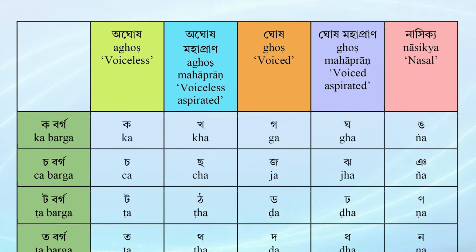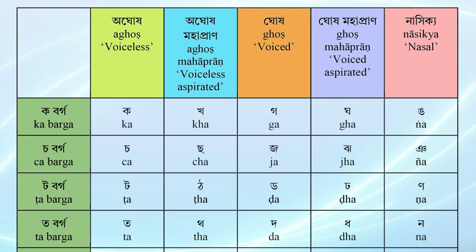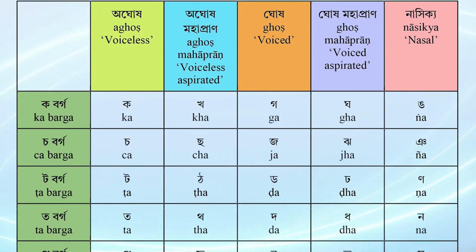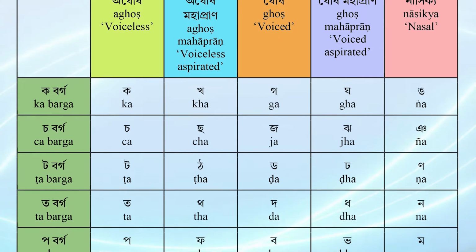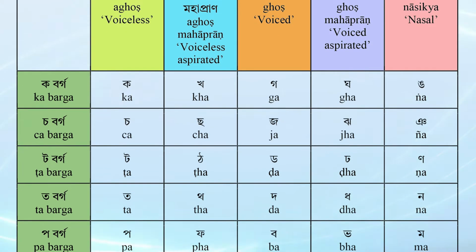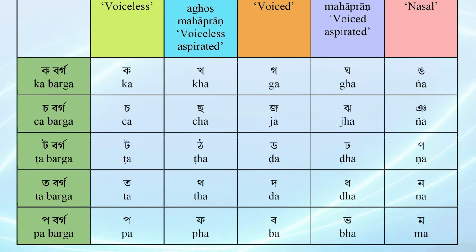You can check the table for the detailed information. These consonants are distinguished from each other along the dimensions of aspirated, unaspirated and voiced, unvoiced dichotomies.